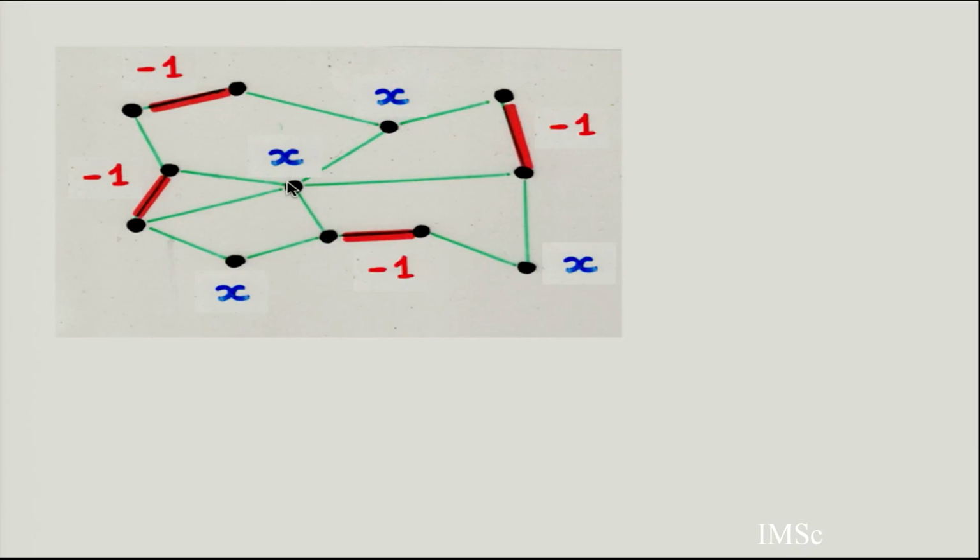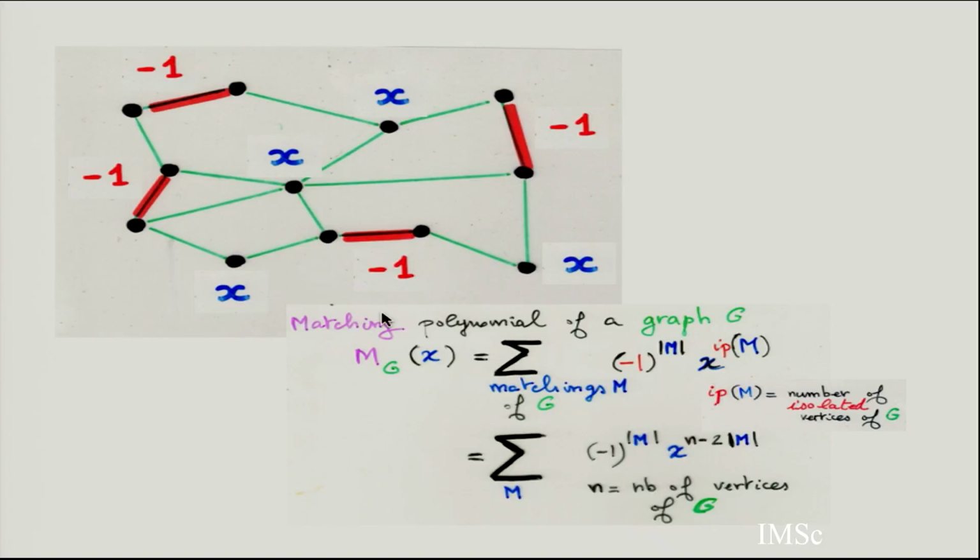And the matching polynomial is the sum over all such matchings of the weight of the matching. The weight is the product of everything you see in the picture, the product of the x and the product of the -1. So I can write the definition of the matching polynomial, m index G of x, as the sum over all matchings of -1 to the number of edges in the matching, times x to the power of the number of isolated points in the matching.